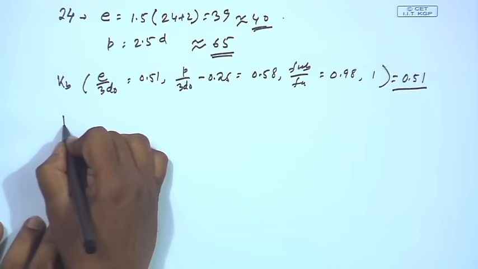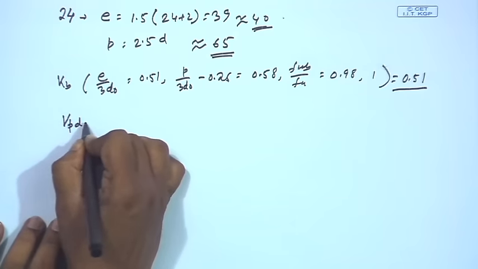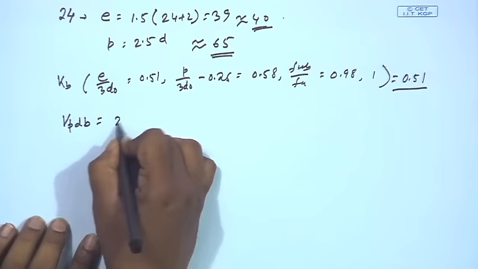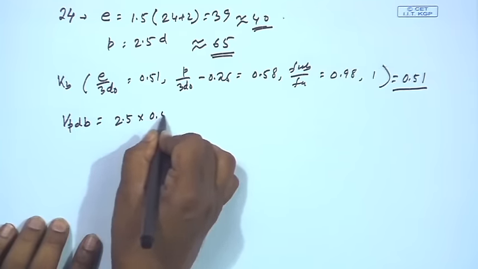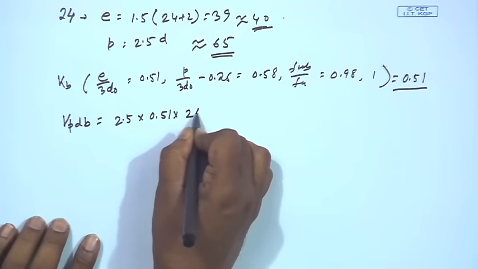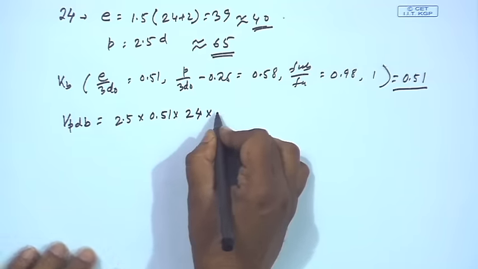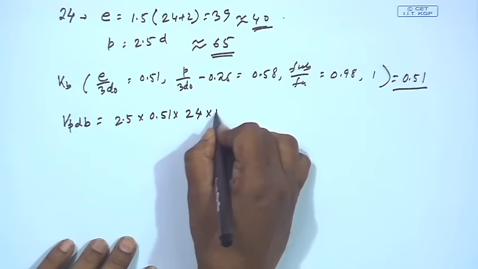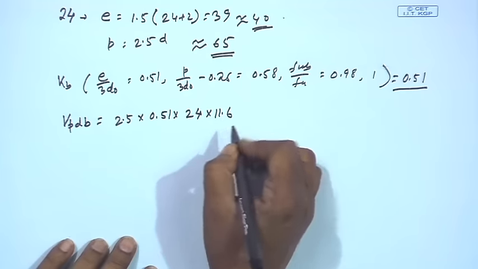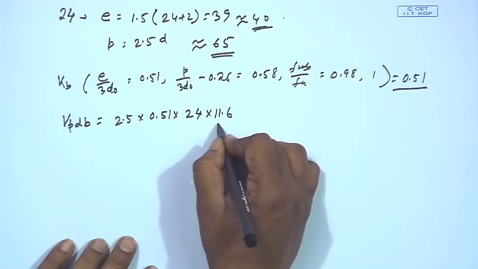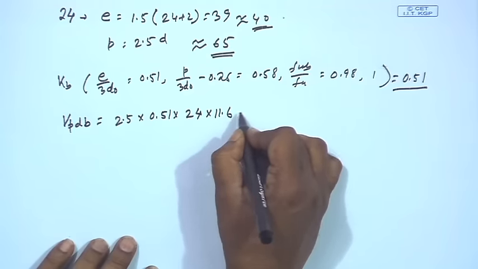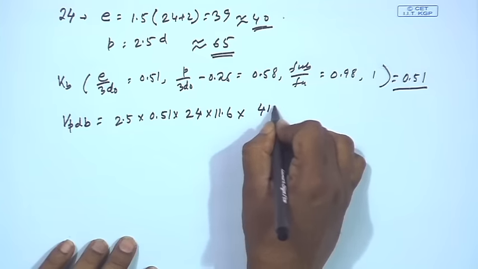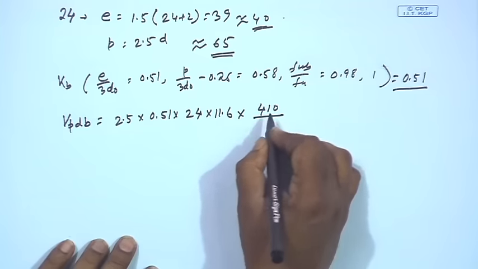So, the value of KB we can find out on the basis of edge and pitch, whatever we have assumed. So, bearing strength VPDB, bearing strength of bolt will be 2.5 KB into D into T. T is the thickness of the smaller one, that is TF here 11.6, because one we have considered 16, another is 11.6. So, smaller one is 11.6 into FU by gamma.